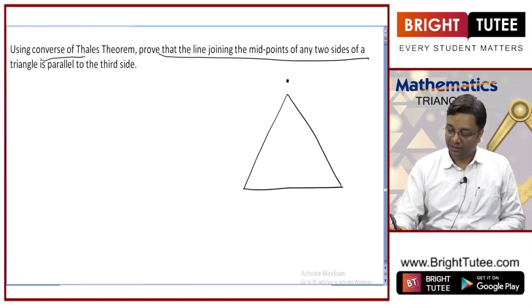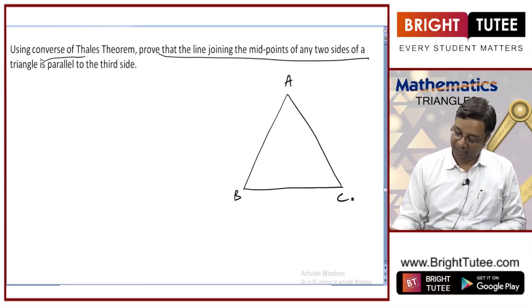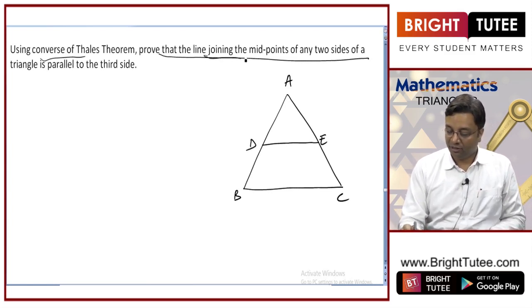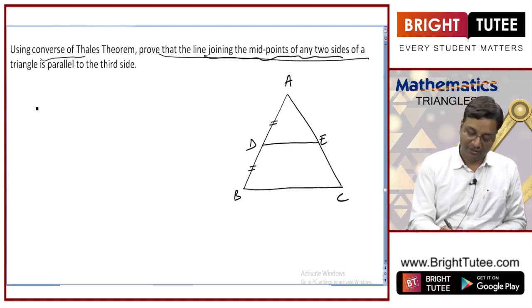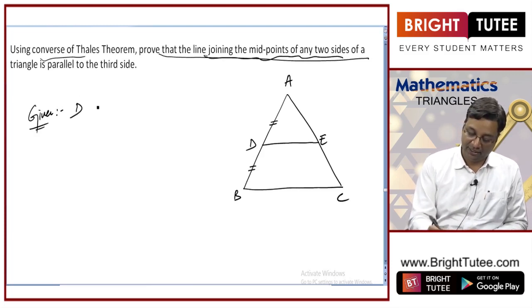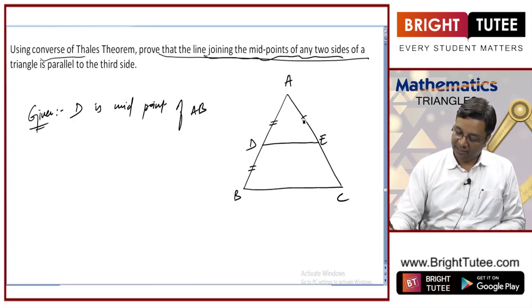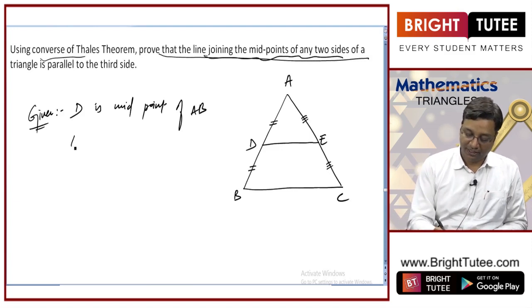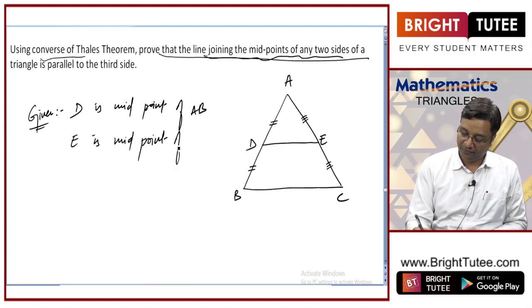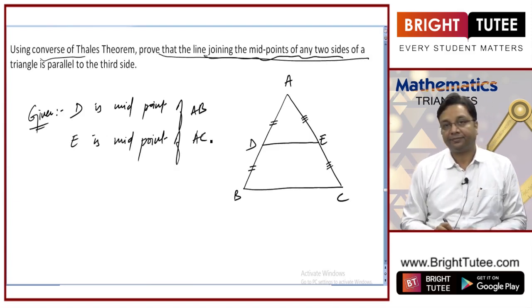So in this one, if I write it mathematically, what is given is the line joining the midpoints of any two sides. So D is the midpoint of AB, this is given, and I am writing it mathematically that D is the midpoint of AB and E is the midpoint of AC, right?